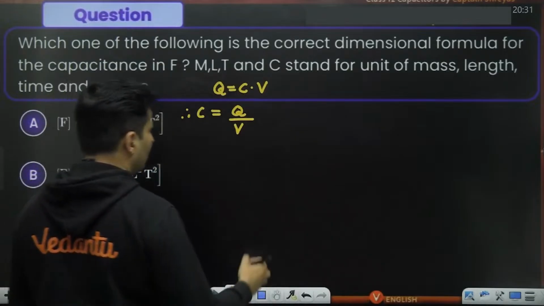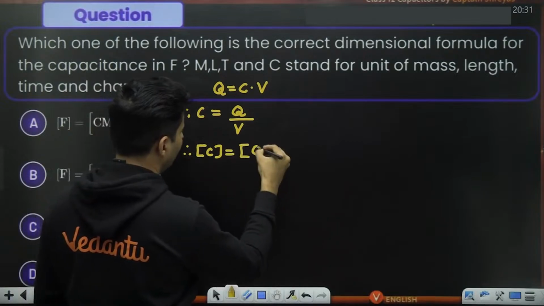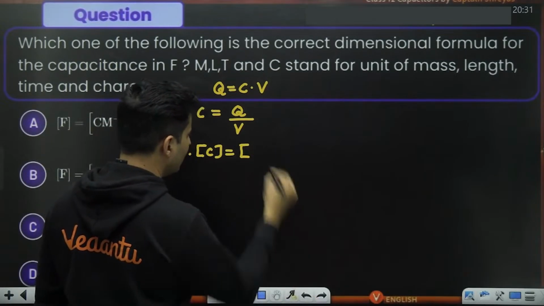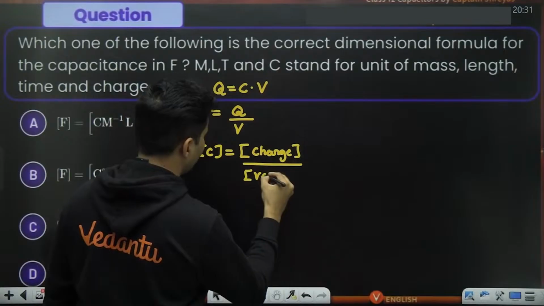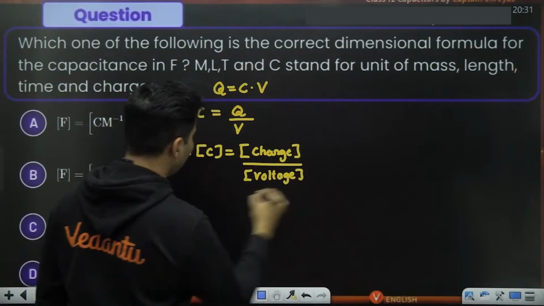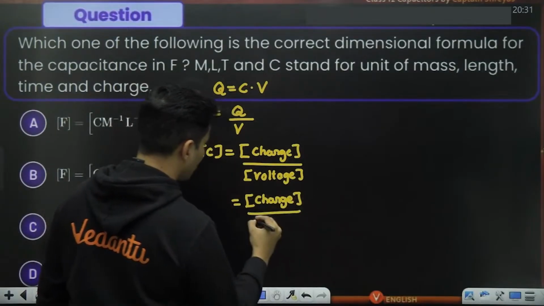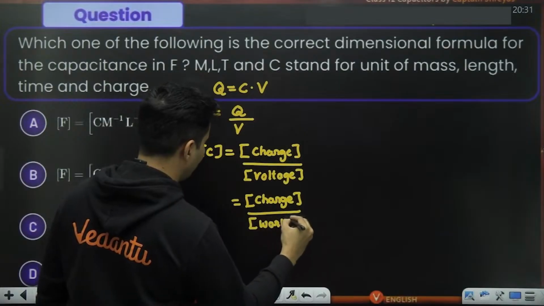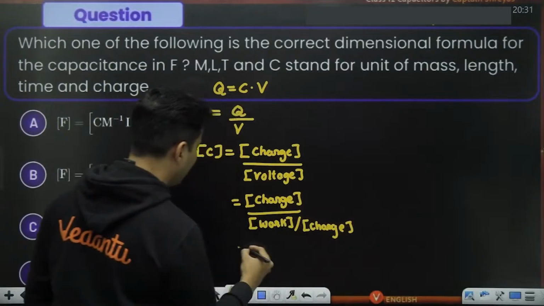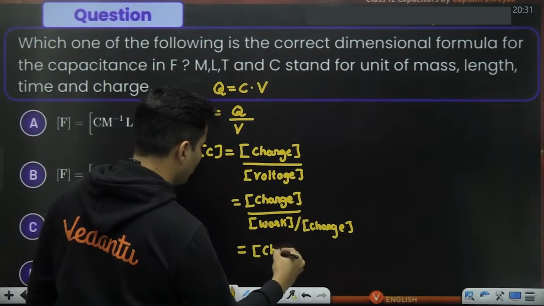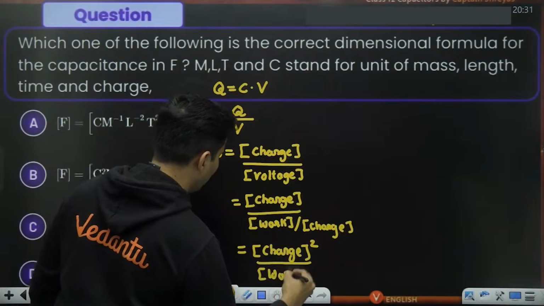Dimensionally, the dimensions of capacitance will be the dimension of charge divided by the dimension of voltage. Voltage is the work done per unit charge, so it is the dimensions of work divided by the dimensions of charge. So charge goes on the top, and it will be the dimension of charge squared divided by the dimension of work.